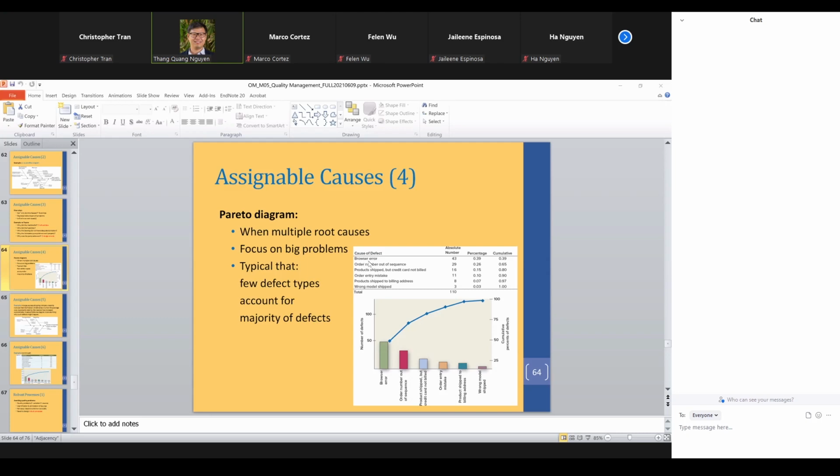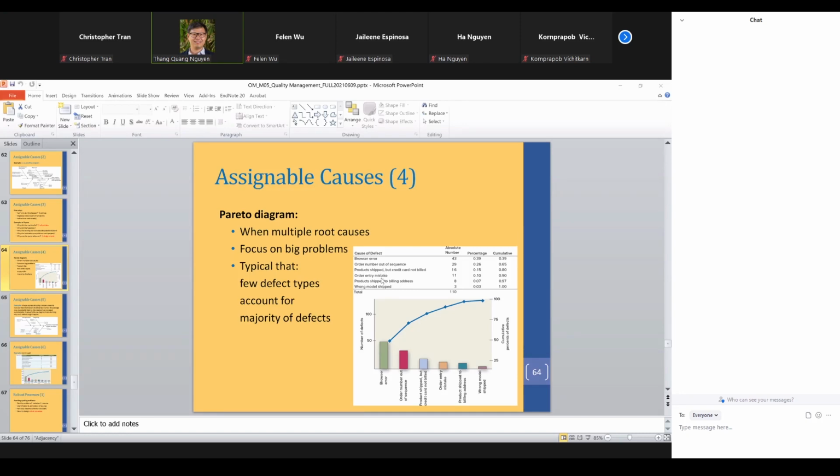The browser error is one of the problems. Order number out of sequence, product shipped but credit card not billed, other entry mistakes, product shipped to the billing address, and wrong model shipped. So these are all of the possible causes of the transaction errors.